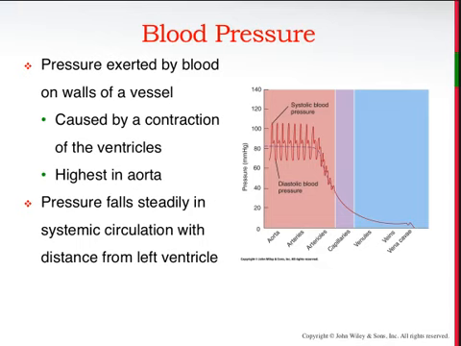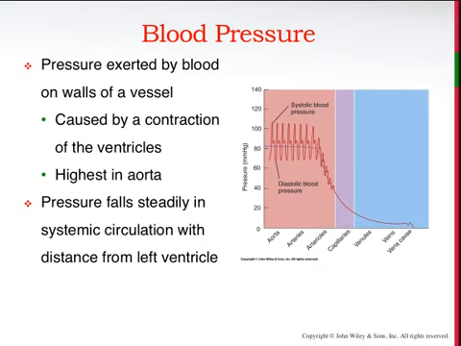Here's what we look at graphically when we look at blood pressure. So pressure exerted by blood on the walls of a vessel. So how much force is that moving blood putting on the wall of the vessel? It's caused by contraction of the ventricles. So remember, all of that force is coming from the ventricles. Pressure is going to be highest in the aorta. Why is it highest in the aorta?